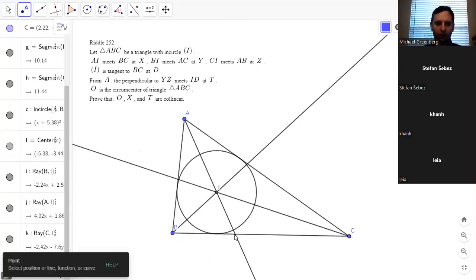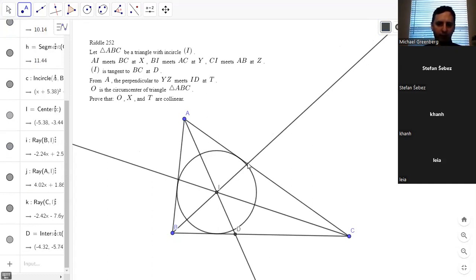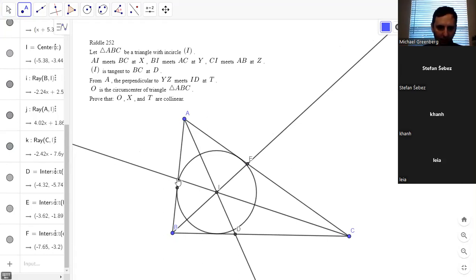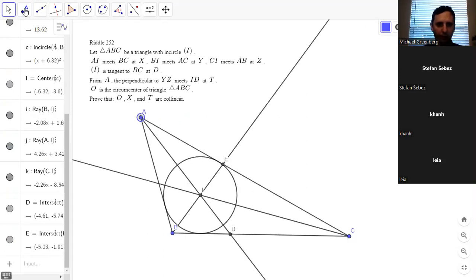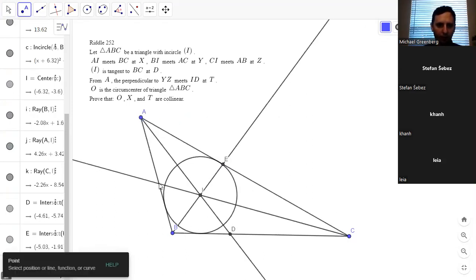So X, Y, and Z, I'm going to have to rename these. Oops. Let me see if I can get this point. I might have to move the diagram to get this. Just move it for now, and then I'll move it back a little bit.